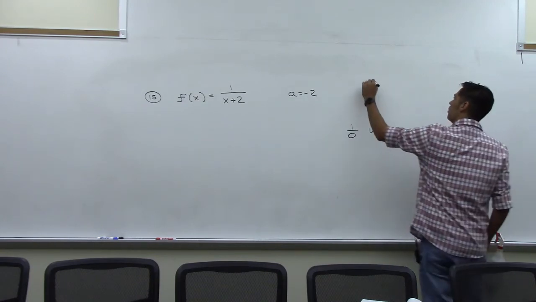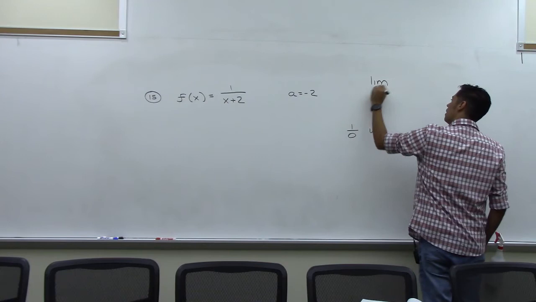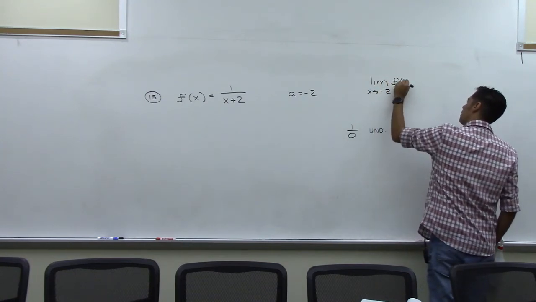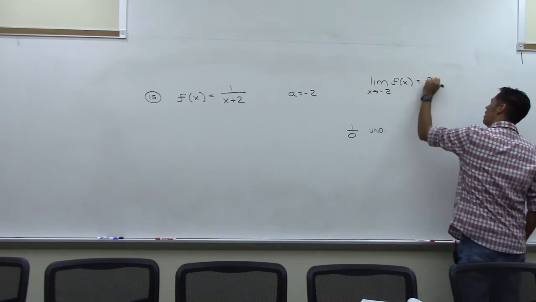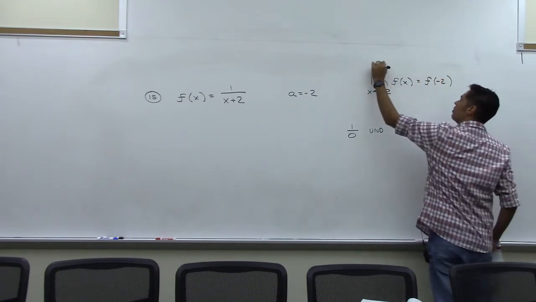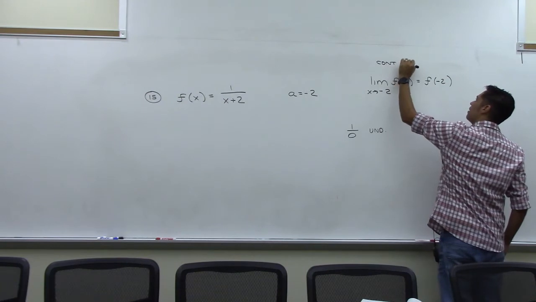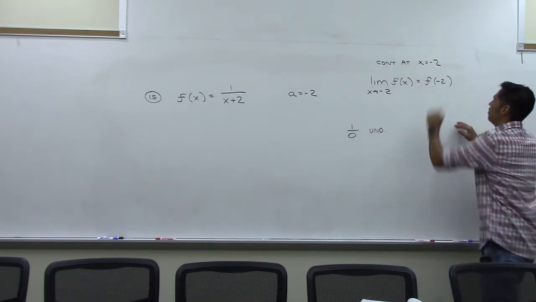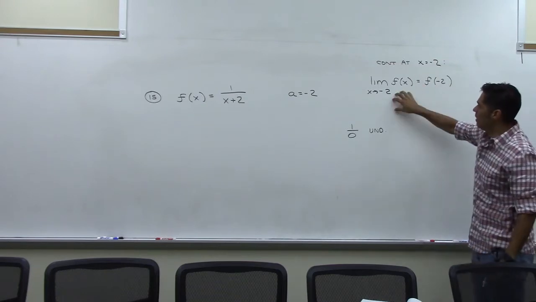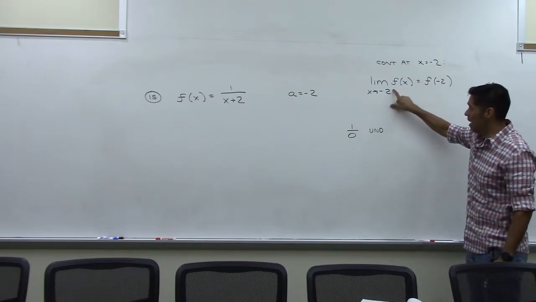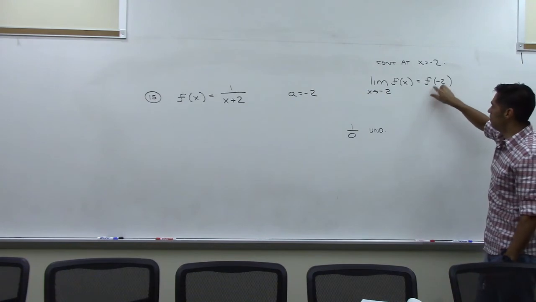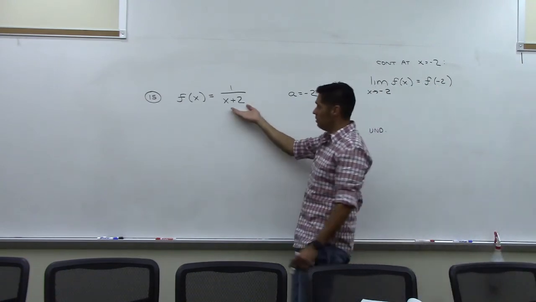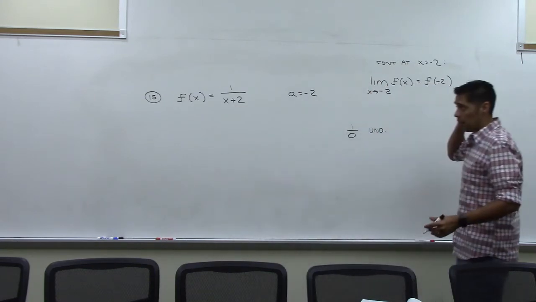What you need for continuity would be this: the limit as x approaches -2 of the function to be equal to f of -2. This is the definition of continuity at x equals -2. We would need the limit as we approach -2 from both sides to be equal to the function's value at -2. If I can't even plug -2 into the function, then there's no way it can be continuous there.